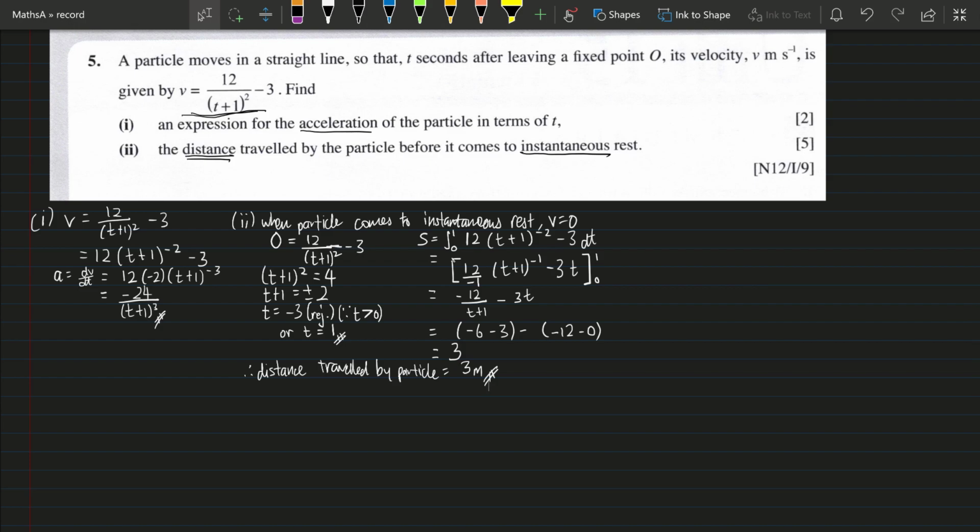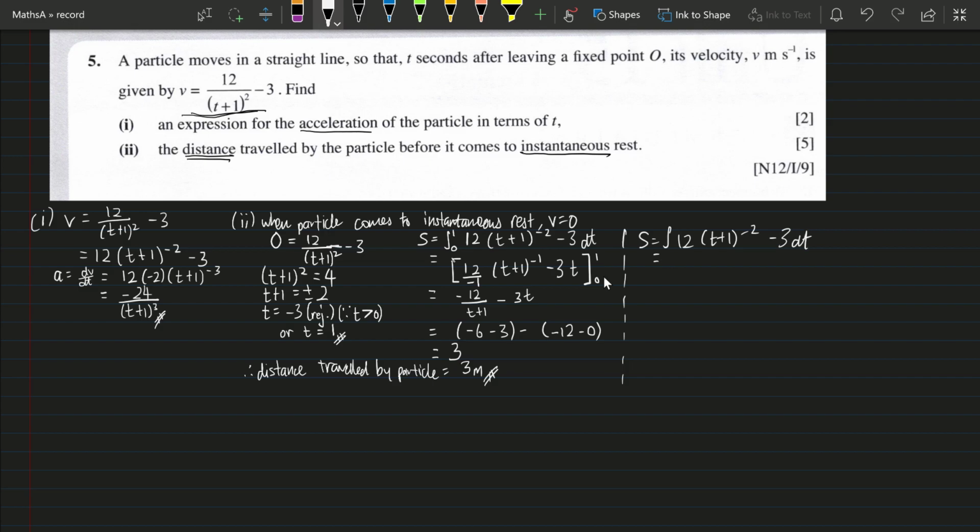Otherwise you need to say, when t equals 0, the displacement equals 0, because when t equals 0, the particle starts at 0. So that's why you say s equals 0, and so on. You're going to have an arbitrary constant here. Just to be clear, if you just do this integration, you're going to have a few more steps.